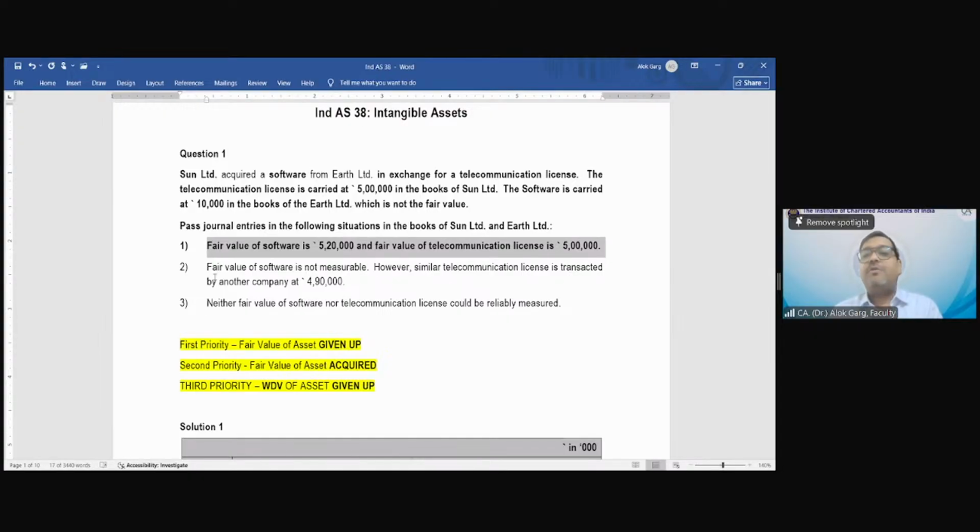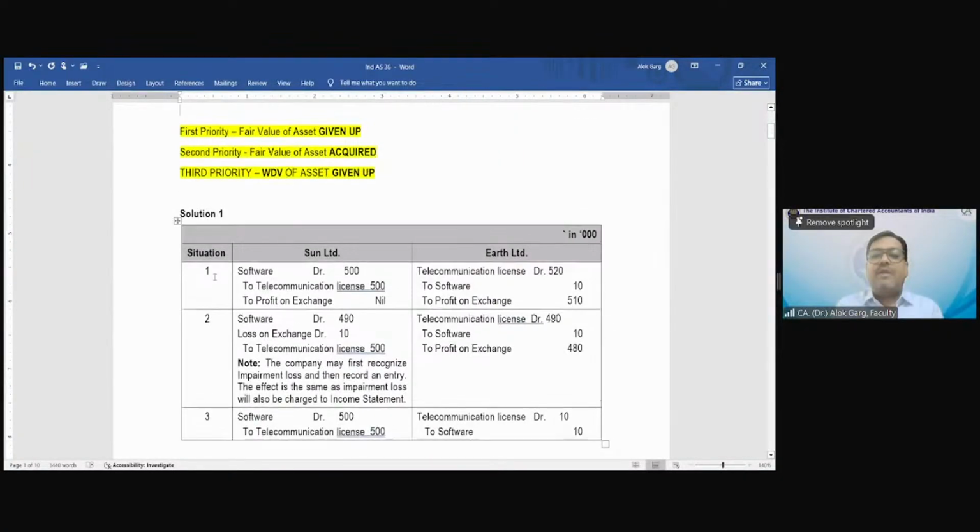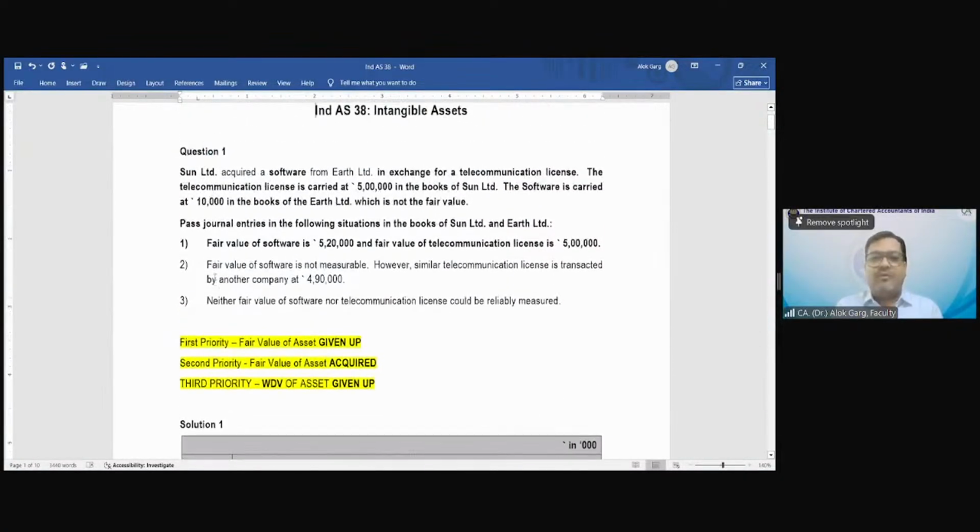Software account is debited because this company is buying software, to telecom license 5 lakh rupees. Is there any profit or loss in this transaction? No, sir. So the first entry is software account debit to telecom license. There is no profit, no loss.